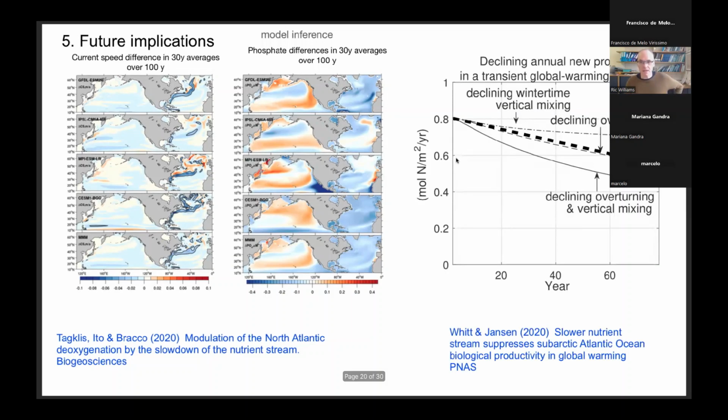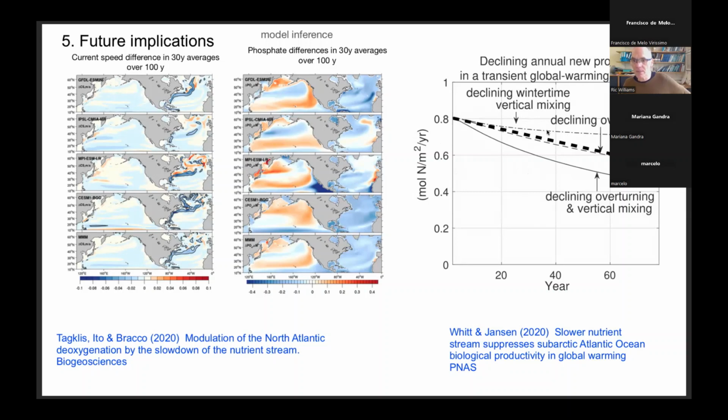A similar perspective was provided by Dan Witt and Janssen, a completely independent study, where they used very simplified balances to interrogate the response of a climate model. And they found that the high latitude biological productivity declined in time. And it declined for two different reasons.